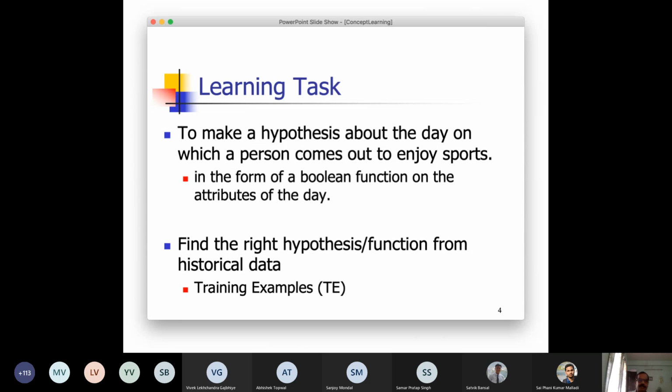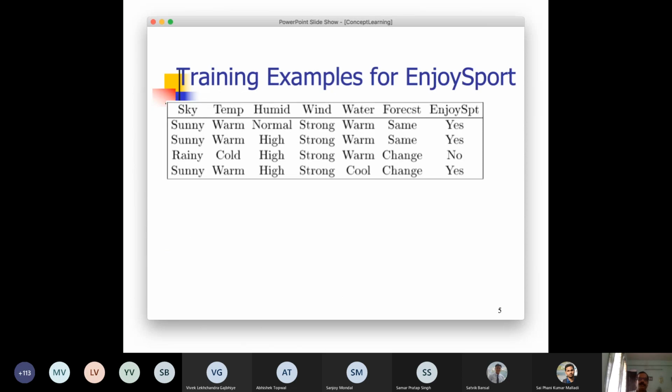So you have training examples. Some training examples are listed here, and this example is taken from Mitchell's book itself. You see that there are only four such combinations provided to you as examples.